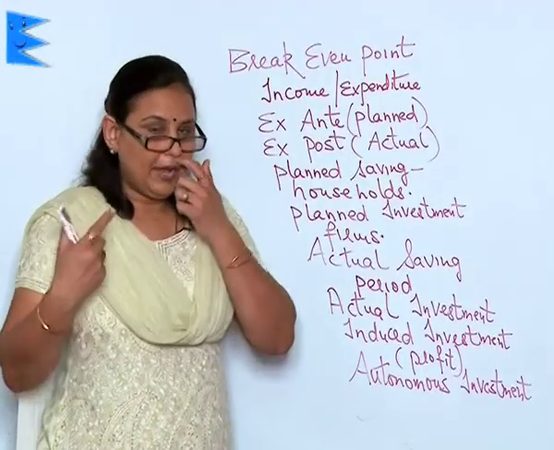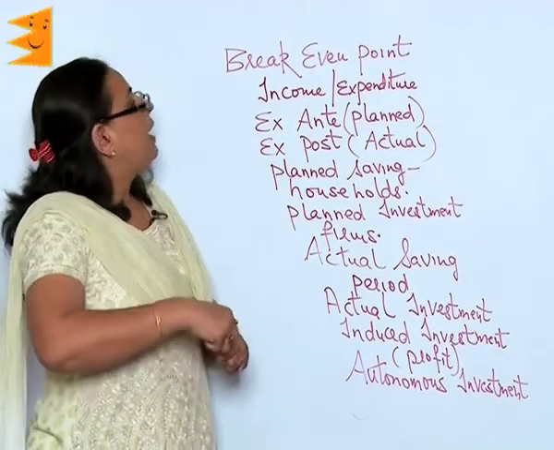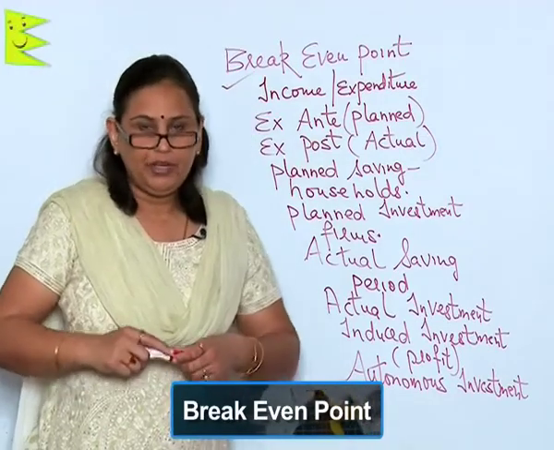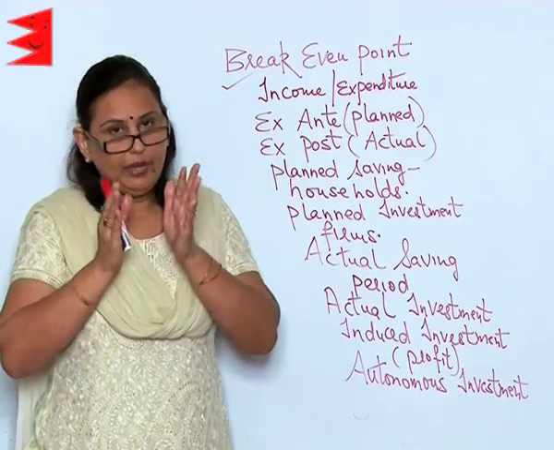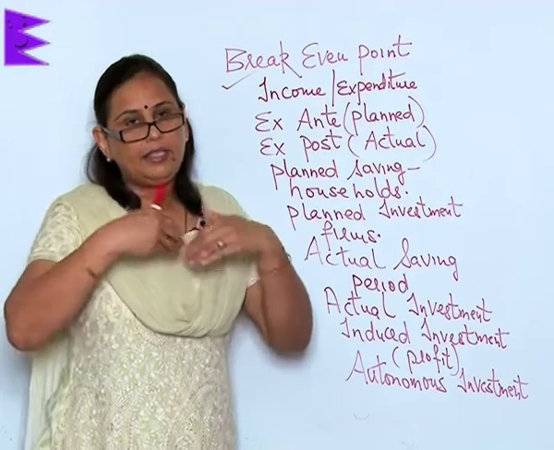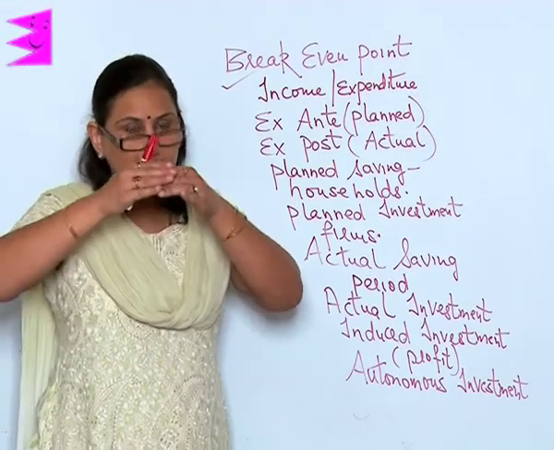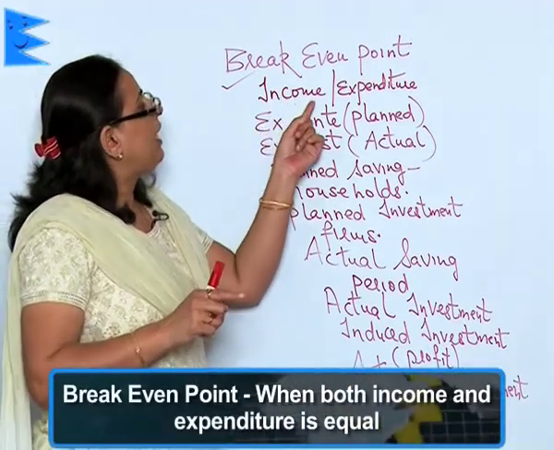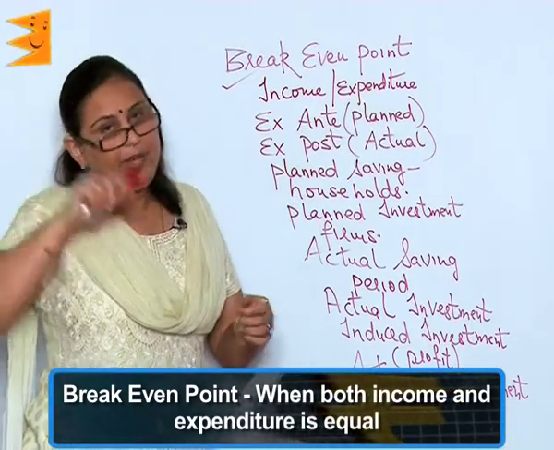Now, let us try and understand more about this income determination through facts like the break-even point. What is the break-even point? When we start, it could be that the income is less and the expenditure is more. Rising above that, there comes a point when both the income and the expenditure are at the same level.